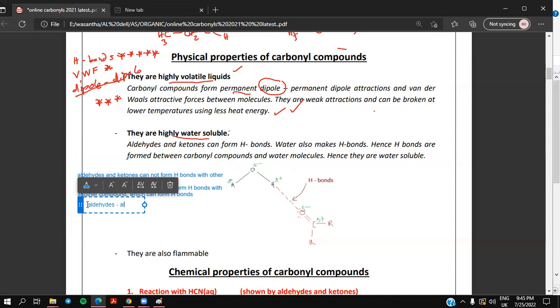Aldehydes, ketones, aldehydes and ketones, aldehydes and water, ketones and water.